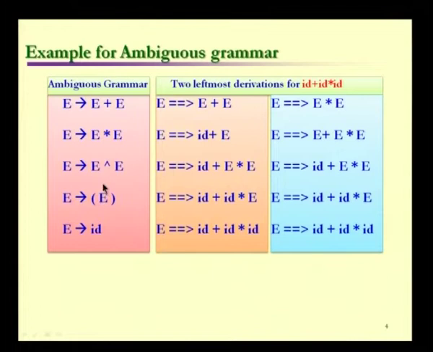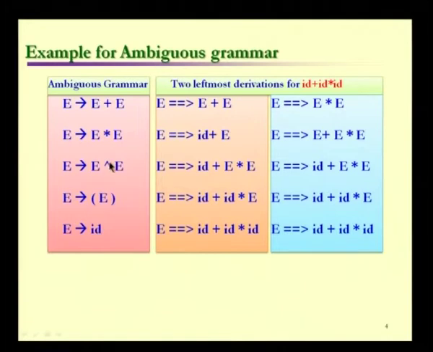So, this is the grammar we are having, 5 productions. The first one is sum of two expressions, the second one multiplication of 2, the third one exponentiation, the fourth one is anything within brackets, and the last one is any atomic expression which is going to be an identifier.